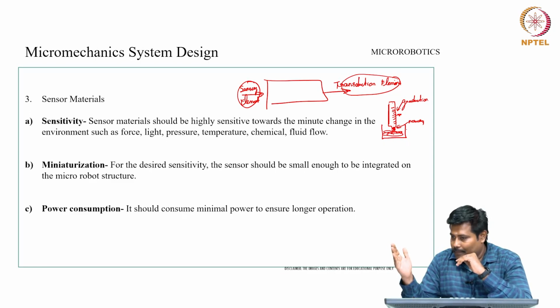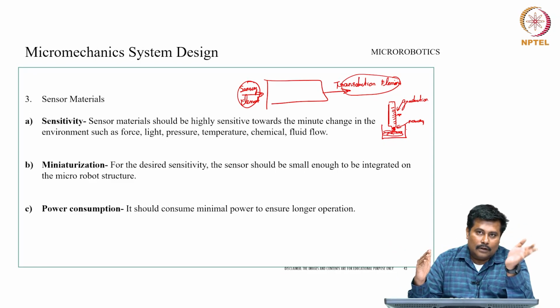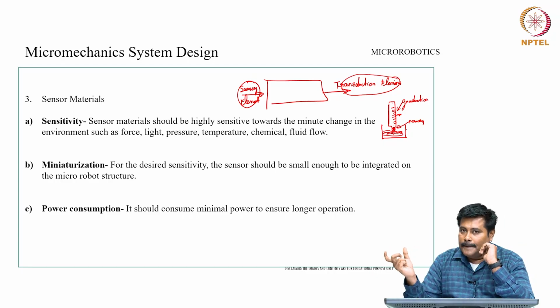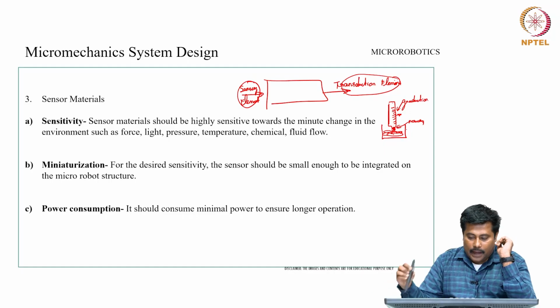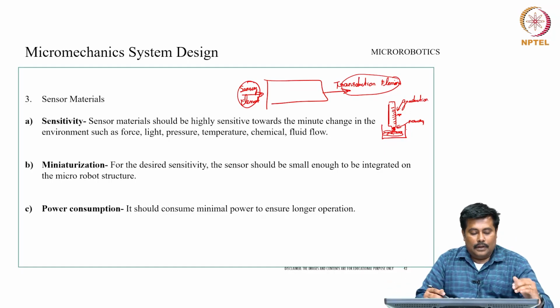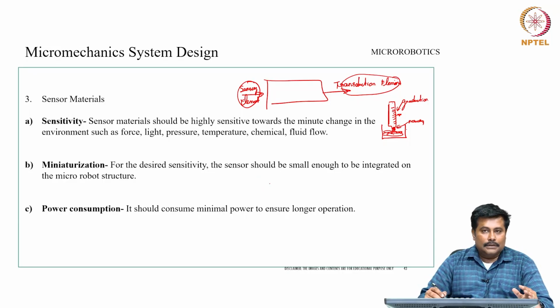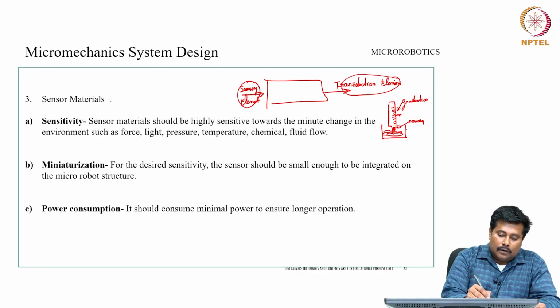It converts one set of parameters into another set of parameters to study the behavior of the system. As far as sensor materials are concerned, they basically focus upon three different parameters, especially for micro robotic applications.